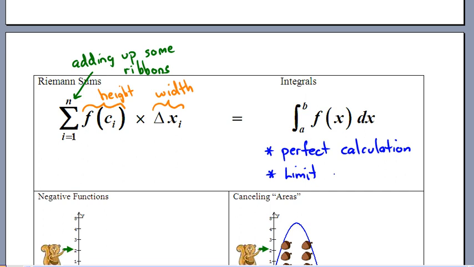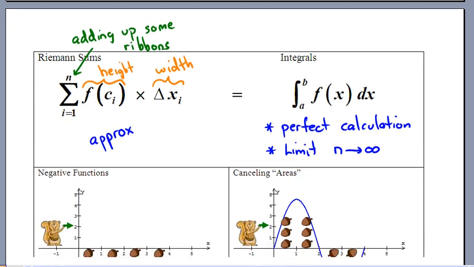You would have to actually take the number of little Riemann ribbons and take it to infinity. Make each one infinitely thin. Then you get perfection. So the left side, maybe not so perfect, right? This is just an approximation over here. But you can make the approximation perfect if you do a limit to an infinite number of ribbons.